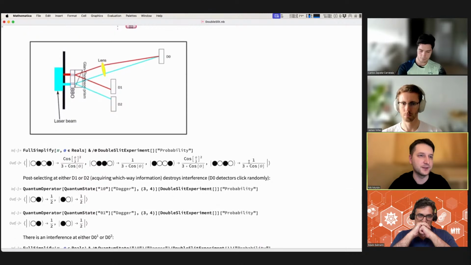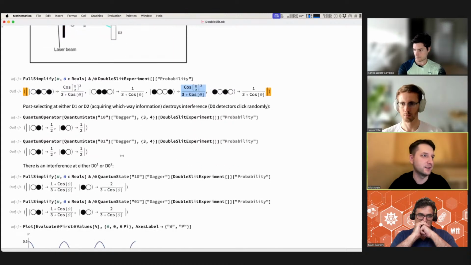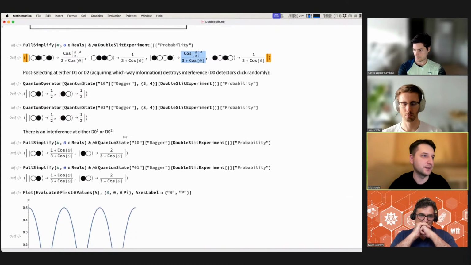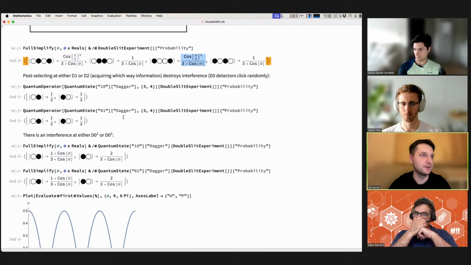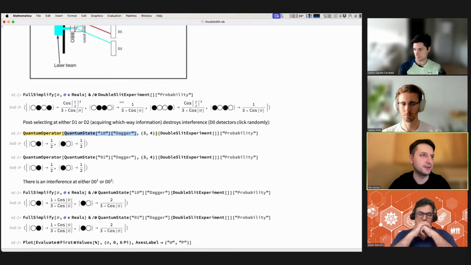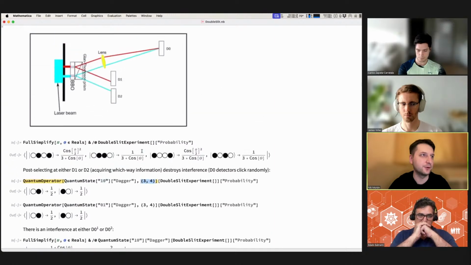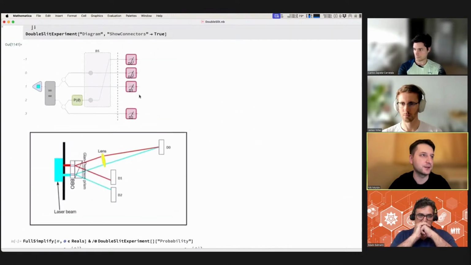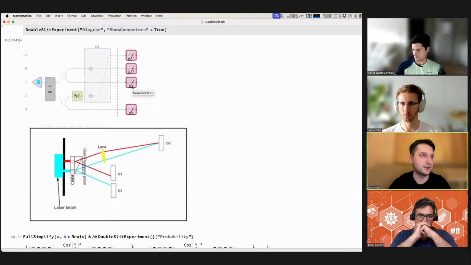Any other probability is 0, and those probabilities where only 2 detectors click depend on theta in some special way. You can even marginalize all of those if you want. Here I specifically select 3 and 4, my second 2 detectors, D1 and D2.